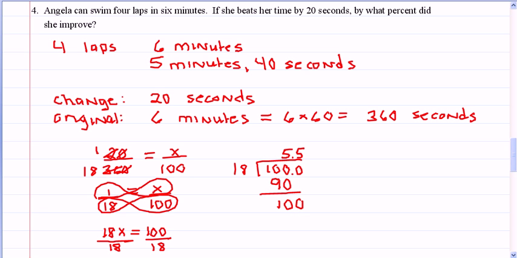So I have 5.55, and since I'm rounding to the nearest tenth, we have 5.6%. So her swim time improved by 5.6% when we compare it to her original time of 6 minutes.